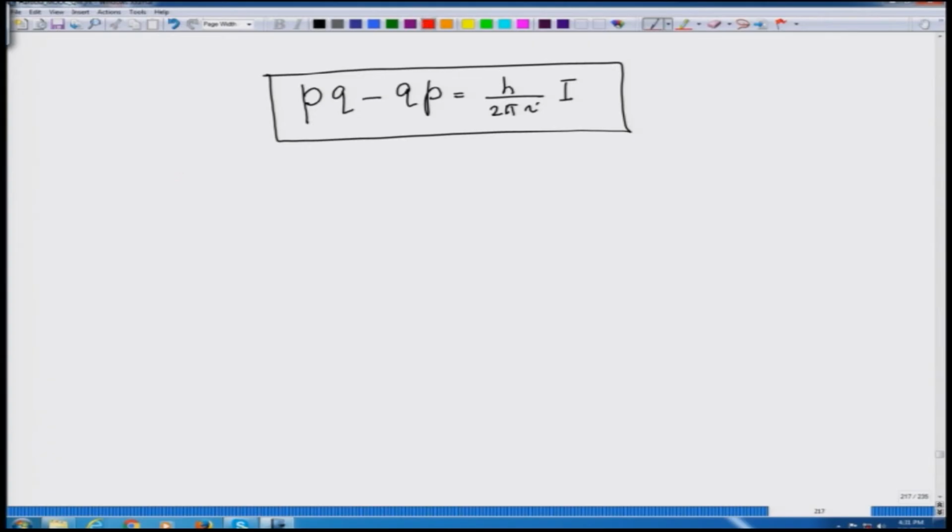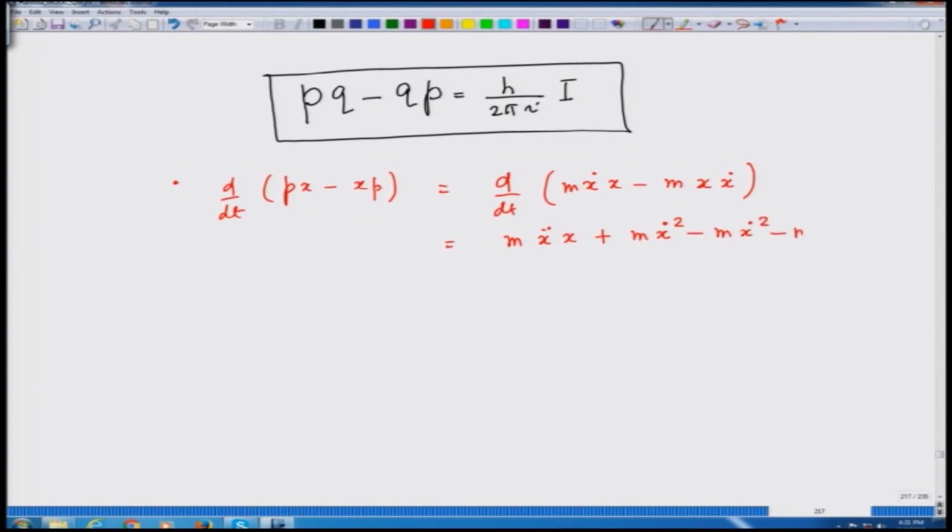I can think of this as an assumption, or if I look at px minus xp and take its d by dt, it will be d by dt of m x dot x minus m x x dot, which is equal to m x double dot x plus m x dot square minus m x dot square minus m x x double dot.